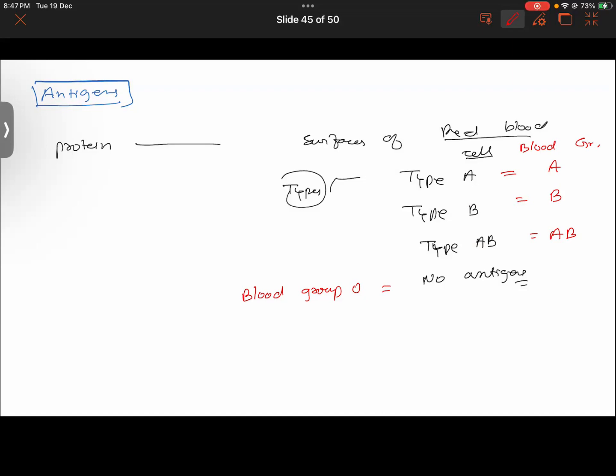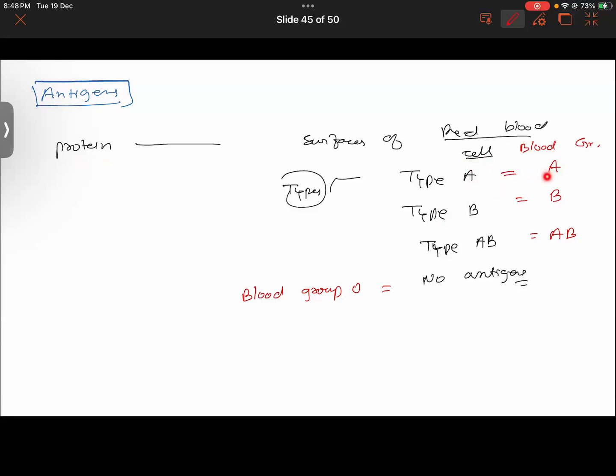Look here. I told you that antigens are proteins, and they are found on the surface of red blood cells. So far clear? Then we have the names of the blood groups: A, B, AB, and O. These are basically the four types, not counting positive and negative blood groups, which we are not discussing right now.